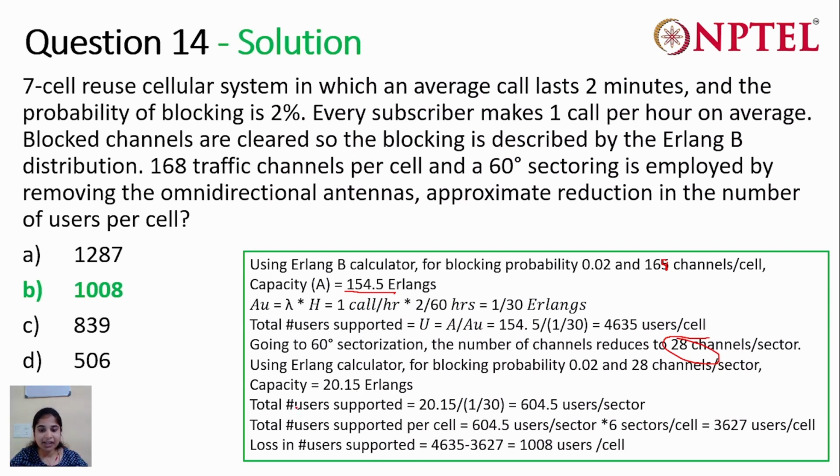So the total number of users we can support is 20.15 divided by 1 by 30, so 604.5 users per sector. Into 6 sectors per cell, totally I'll be able to support a maximum of 3627 users per cell. Now we find the loss in the number of users.